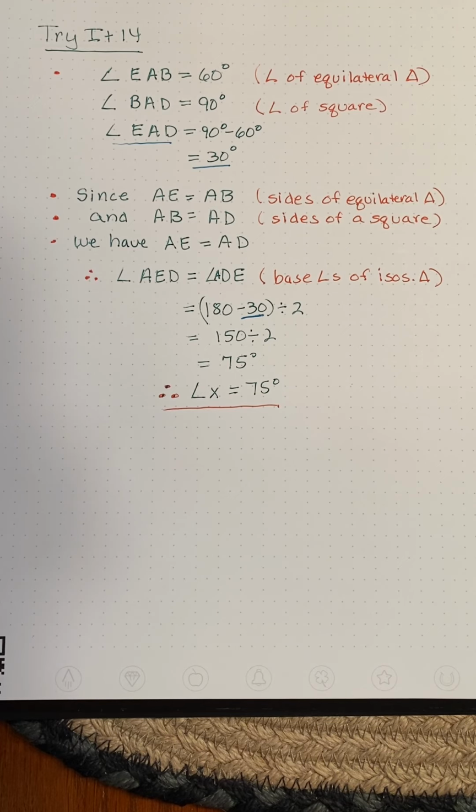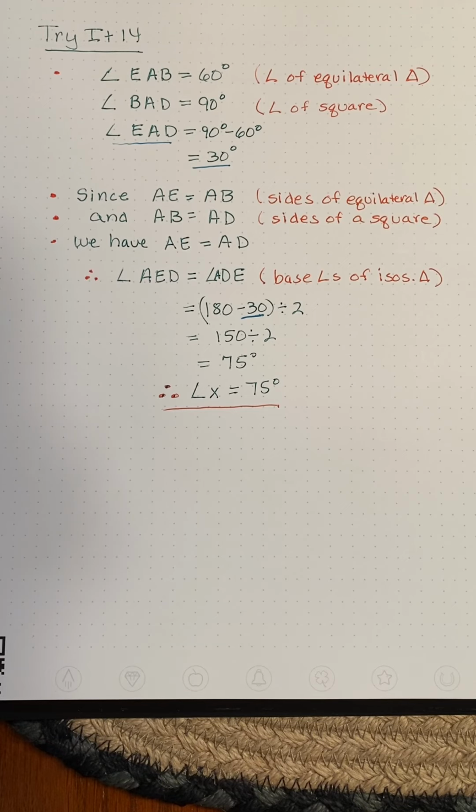So equal sides, 90-degree angles in the corner. It also says triangle ABE is equilateral. Find the measure of angle AED, which is the base angle of the triangle next to that equilateral triangle.